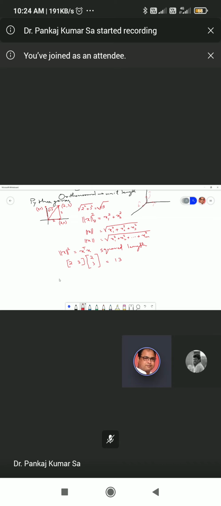Okay. Let me have two vectors X and Y. How do I know that these two vectors are perpendicular or not? You can say directly the formula is X transpose Y is equal to 0.